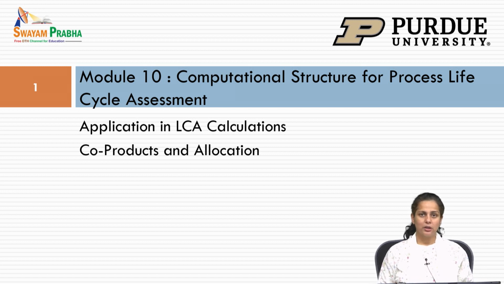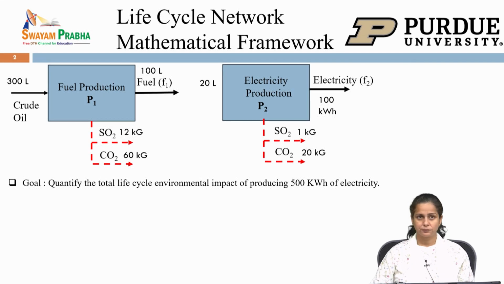To start with, we will go over the same system that we looked at in the last module and do a simple calculation. Here, the first process is the fuel production process, and we have electricity production.